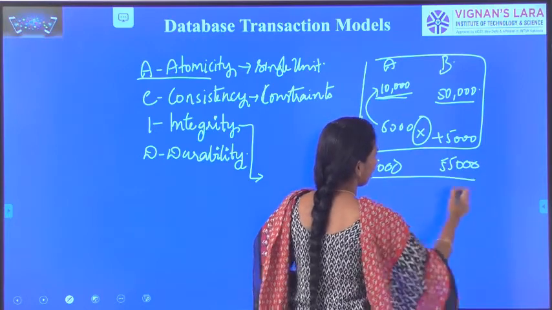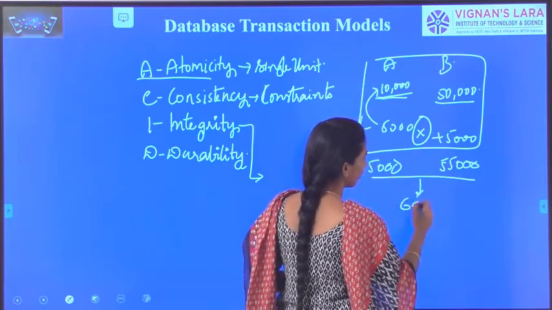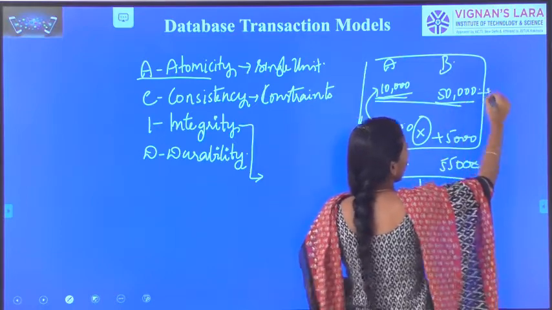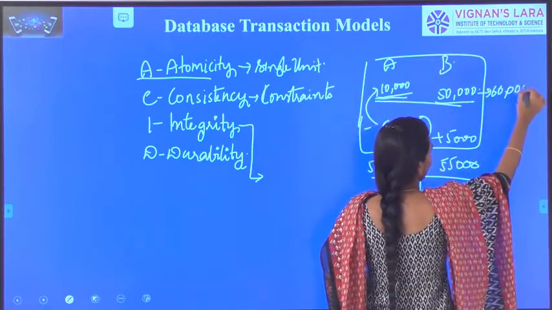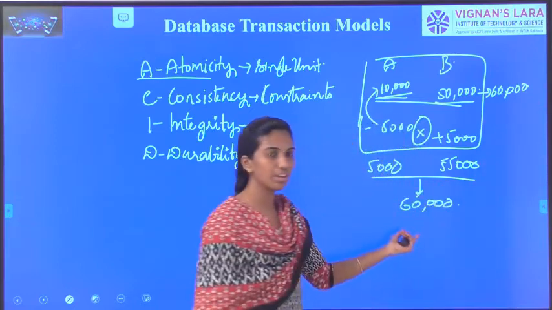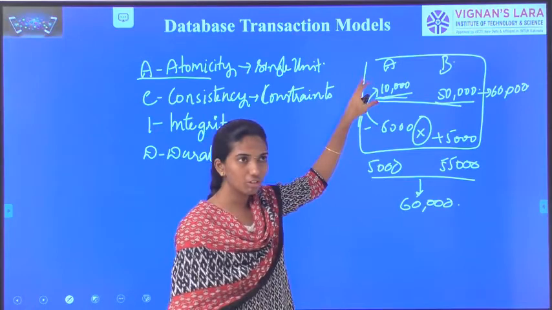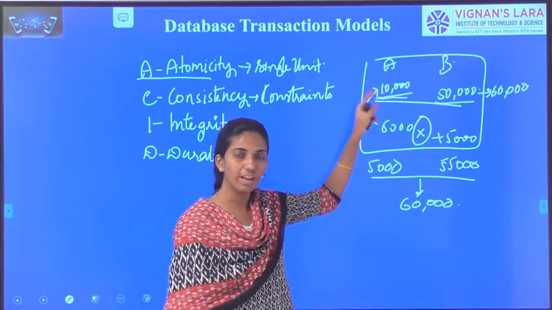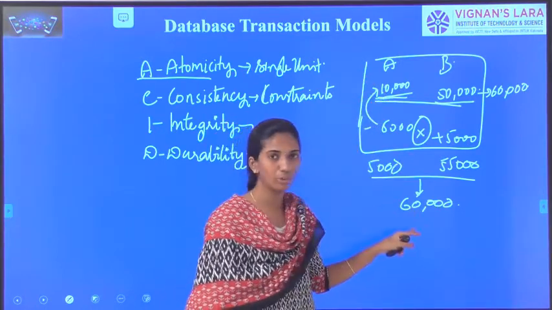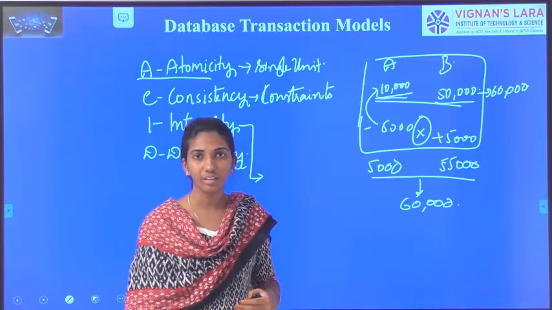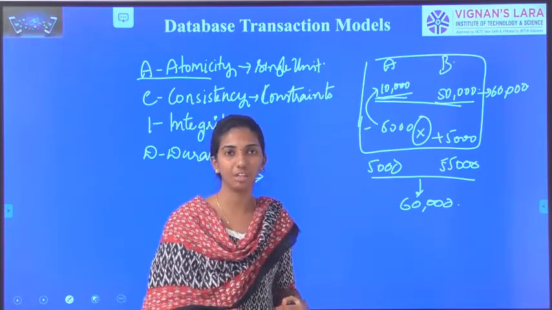So if I sum up these two, it will be 60,000. Even before the transaction, it is also 60,000. That means how are we going to say that integrity is maintained? Before the transaction the sum of the two total amounts, and after the transaction the sum of the two total amounts is equal. If they are correct, then we call it an integrity constraint.